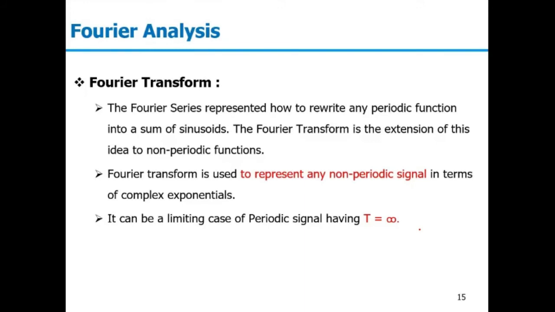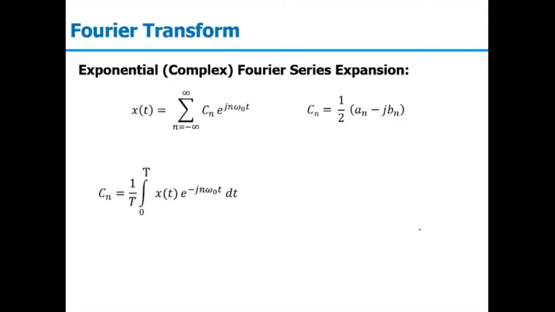So while we derive the Fourier transform formula, we will again start from our Fourier series only, and we will see how to derive the Fourier transform formula. So we will start from the exponential or complex Fourier series expansion. x of t is summation n equal to minus infinity to infinity Cn e to the j n omega naught t, where Cn was half of an minus j bn, or Cn was 1 by T integration over a given time period T x of t e to the minus j n omega naught t.